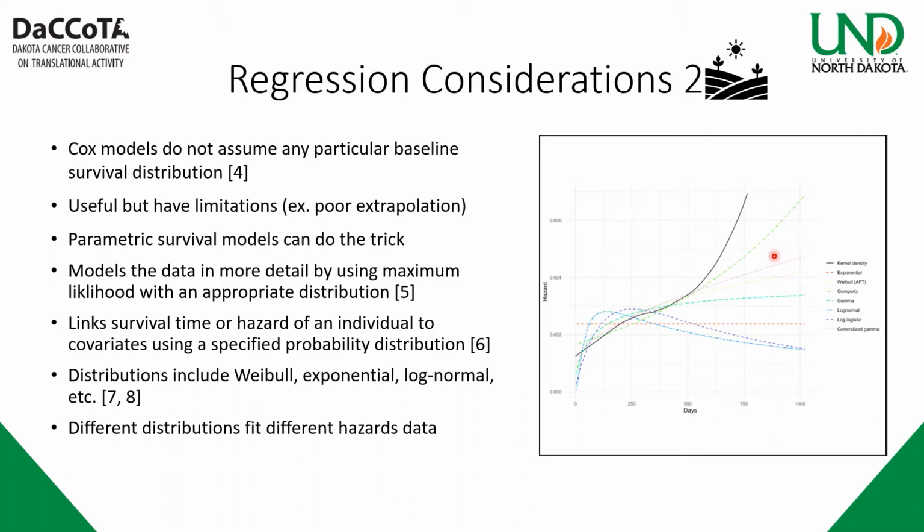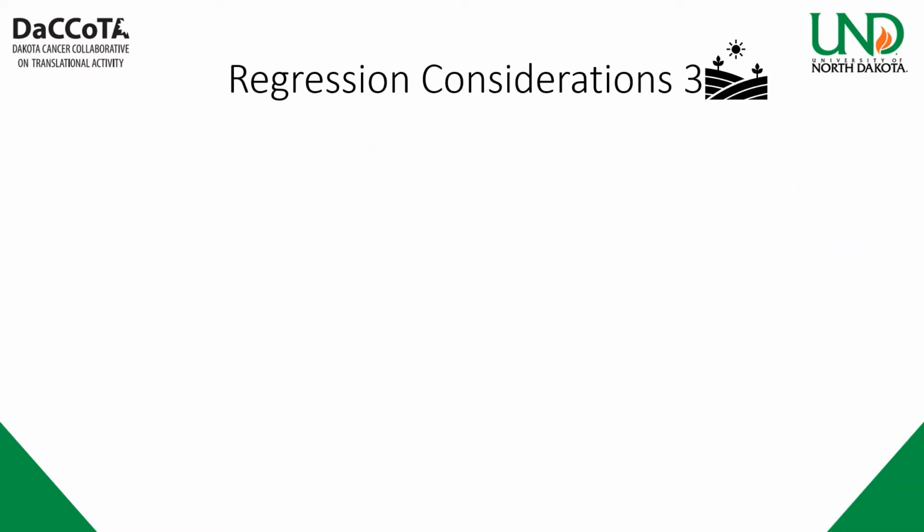Though you can see even with very flexible models, they sometimes still fit the data pretty poorly, which is why sometimes the Kaplan-Meier, the non-parametric, or Cox regression, the semi-parametric, work just fine or even better. And you can use parametric models for survival, hazard, and proportional hazards, all the normal things you can do with other models.